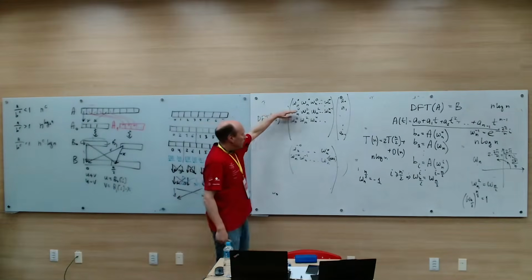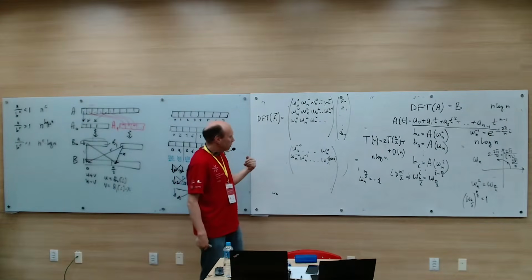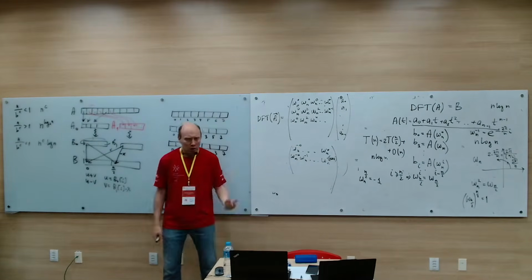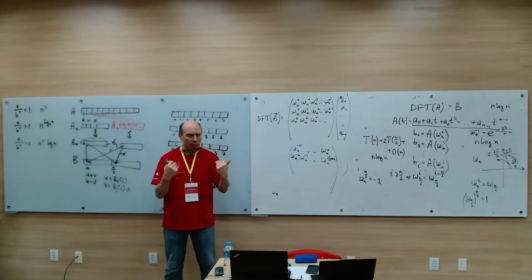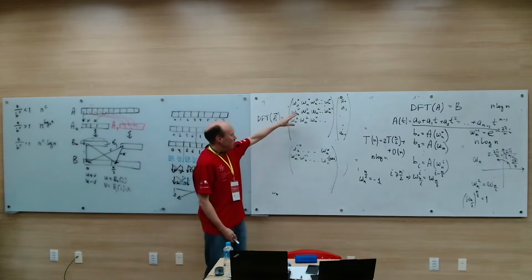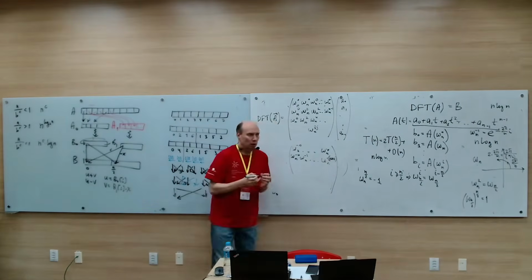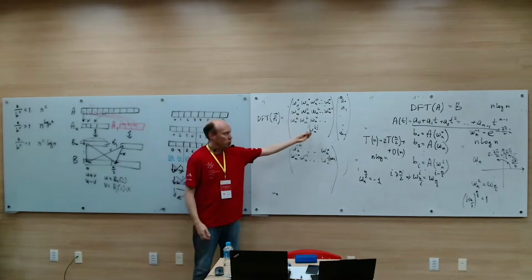If you look at this, when you multiply these matrices, you will see that they cancel out, because this matrix is symmetric. It has omega n to the power of ij at position ij.